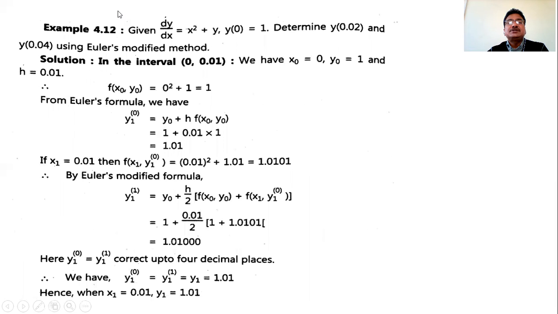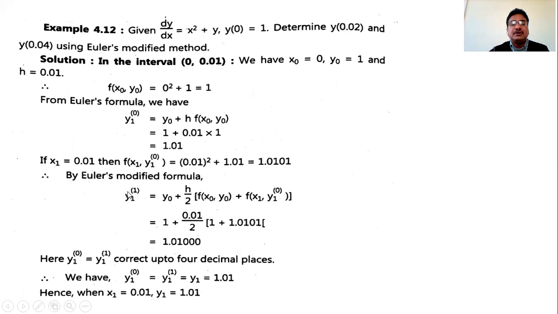First we find the value at 0.02. So h is 0.01, x naught is 0, y naught is 1, and f of x naught, y naught is this. Then y1 0 is y naught plus h f of x naught, y naught. Substitute the values, and we get the answer.